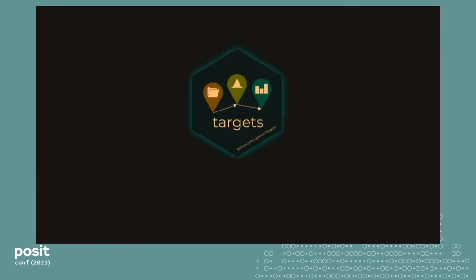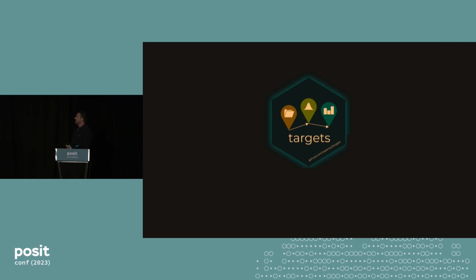So here is where targets comes into play. Targets is an opinionated framework about how to structure your data science workflows and your data pipelines. And if you follow its conventions and the way that it suggests you build your workflows, then you get many benefits out of the box. Targets will automatically infer the directed acyclic graph for you.